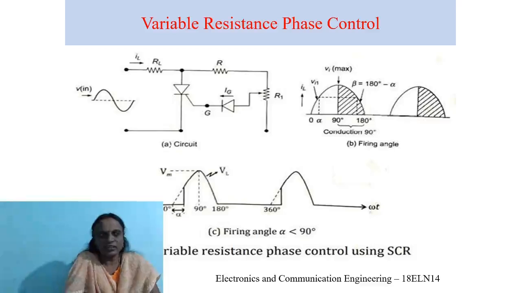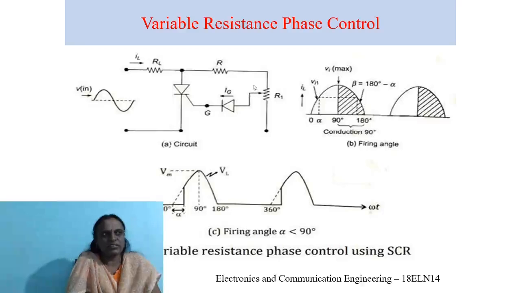Next, here you can see one more important concept, called alpha. The firing angle is called alpha. This firing angle of an SCR can be adjusted with the help of the variable R1.